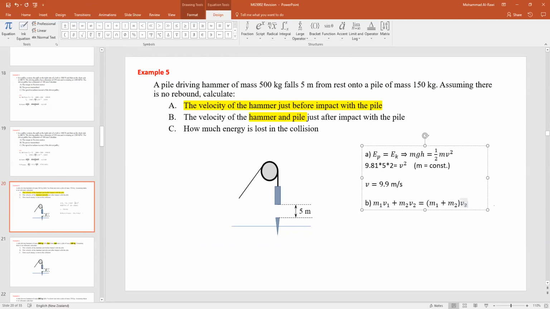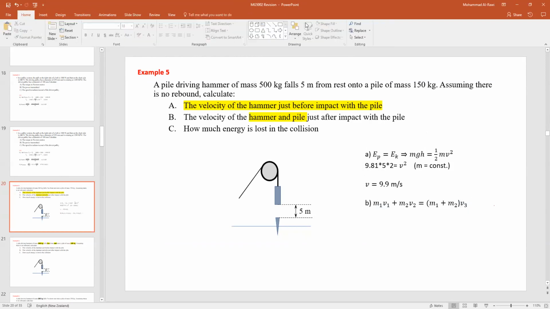So what does this equation mean, guys? Any idea? What does it represent? The velocity of the hammer and pile just after impact with the pile. So that's what V3 represents for us. Now, M1, good, Matthew. This is the total momentum.